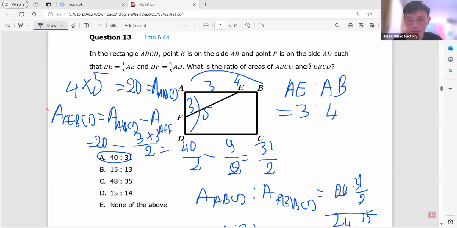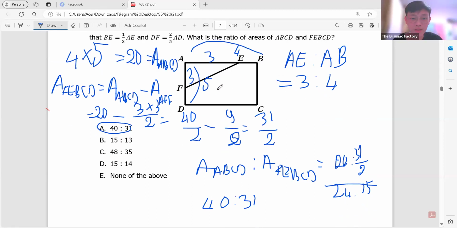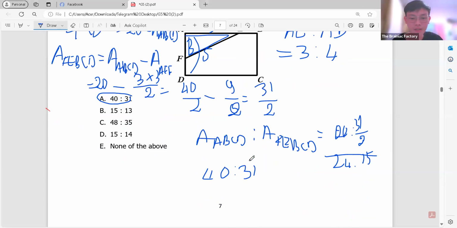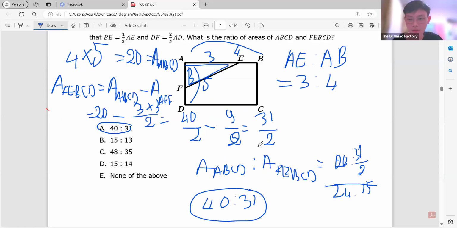But in order to find the area, we're having the area of ABCD, which is AB times AD, so we're gonna find the ratio between AF and AD and BE and AB, because to find this triangle as well. And then we just assume some number to be the value and find the ratio, which is 40 to 31. I'm sorry if the explanation is a bit hard to understand.